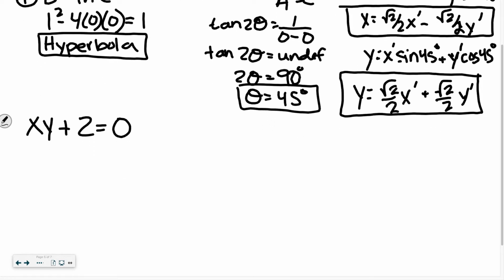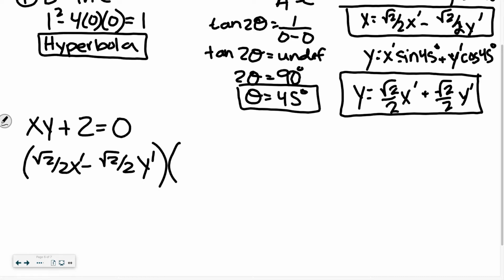So that's going to look something like square root 2 over 2 x prime minus square root 2 over 2 y prime, times square root 2 over 2 x prime plus square root 2 over 2 y prime. And then this plus 2 doesn't have an x or a y on it, so it really isn't going to have any effect on all my x prime, y prime terms.